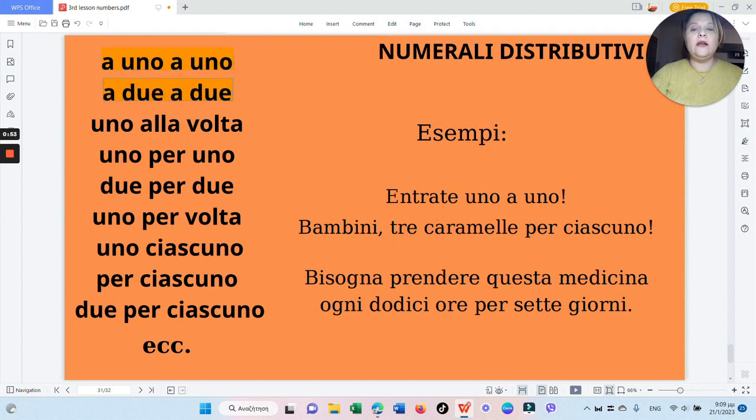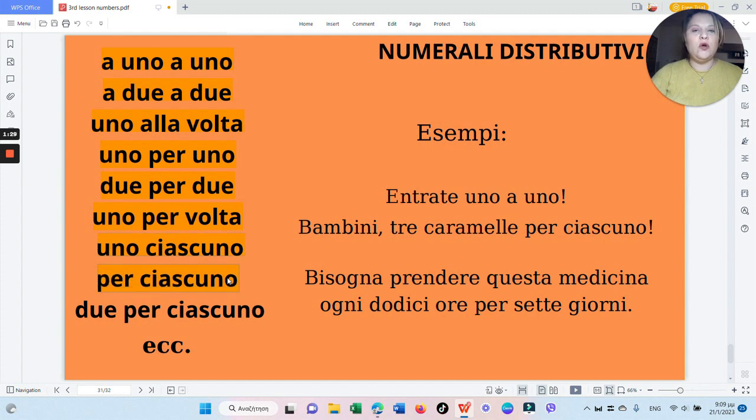A 2 a 2. 2 at a time. 1 alla volta. 1 at a time. 1 per 1. 1 by 1. 2 per 2. 2 by 2. 1 per volta. 1 at a time. 1 ciascuno. 1 each one.